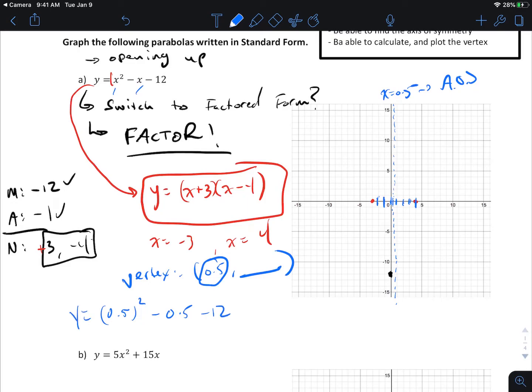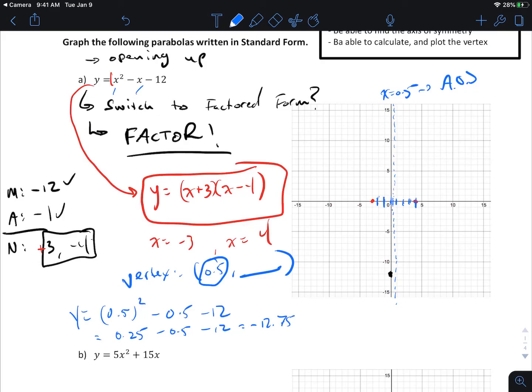That'll tell you what the y is for that corresponding 0.5 point. So what's 0.5 squared? I think it's 0.25, is it? Minus 0.5 minus 12. So I'm going to get negative 12.75. Does that make sense?